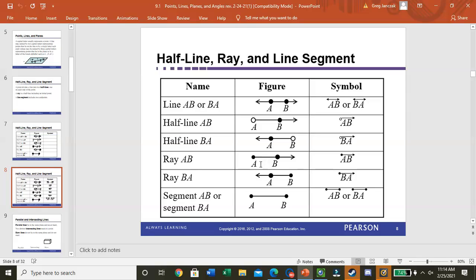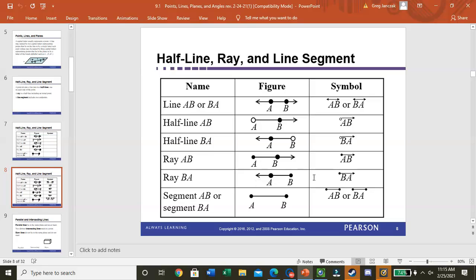The ray, again, same thing. Now here, the ray is closed at point A and continues on. So notice here there's a dot for ray AB, whereas up here at the line, there's two arrows. So that's like comparing and contrasting the two.